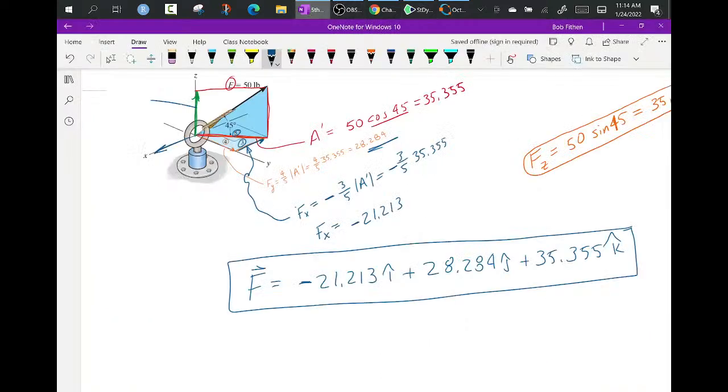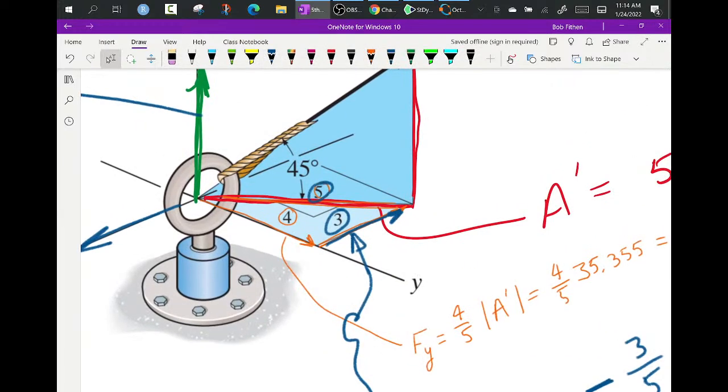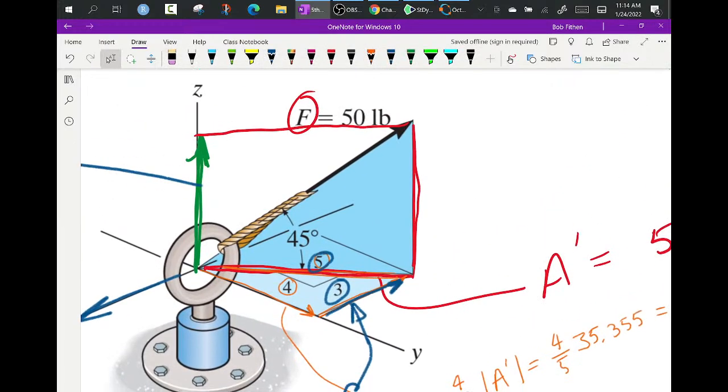Now that I have this, can we find the unit vector in the direction of F? For example, it says 50 pounds. It's a 50-pound pull on this rope here.